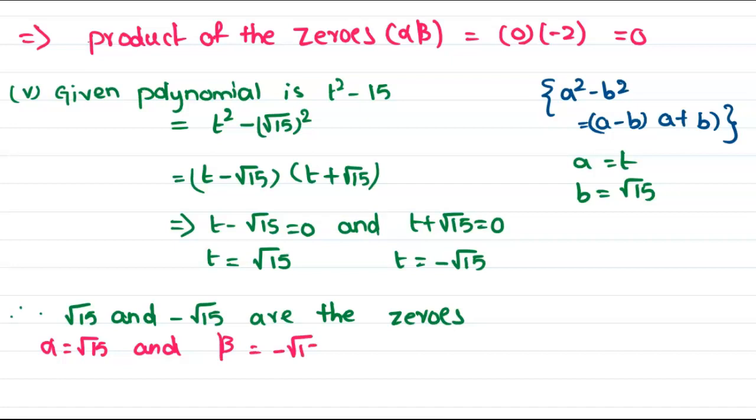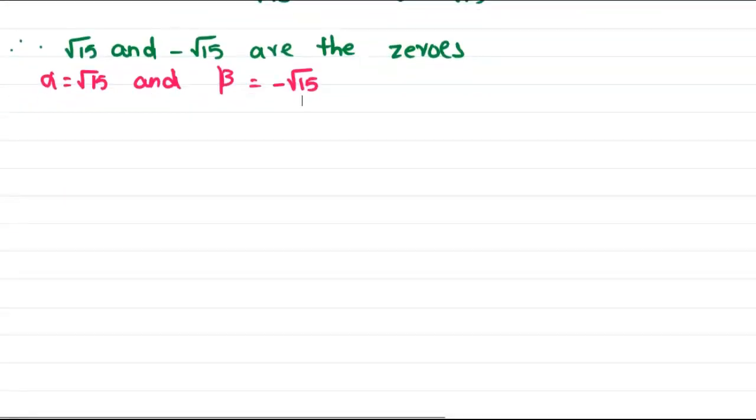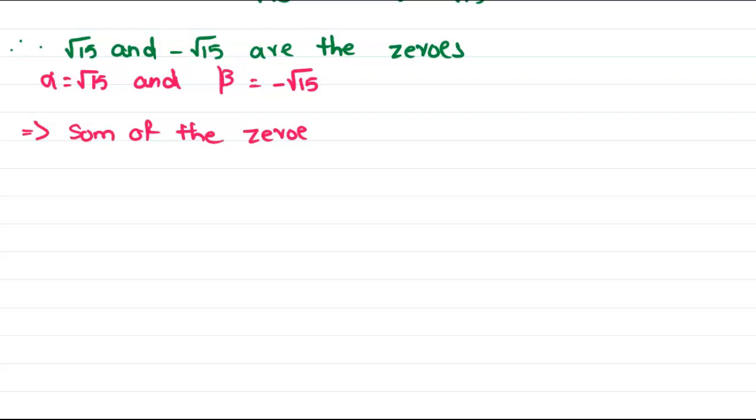For this, what we have to find out is the relation between the zeros. So first one, that is the sum of the zeros. So this is in the form of alpha plus beta. So we know the values of alpha and beta here, that is root 15 and beta value minus root 15. So plus root 15 minus root 15 get cancelled here.